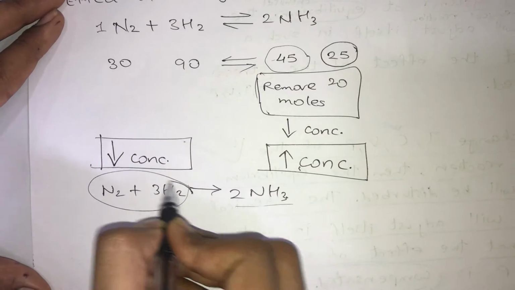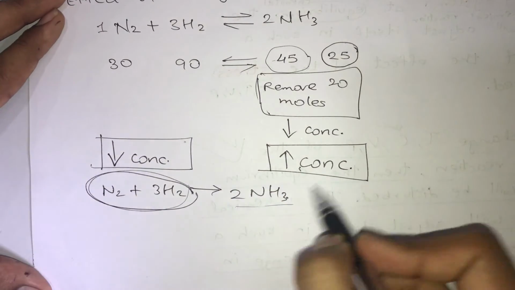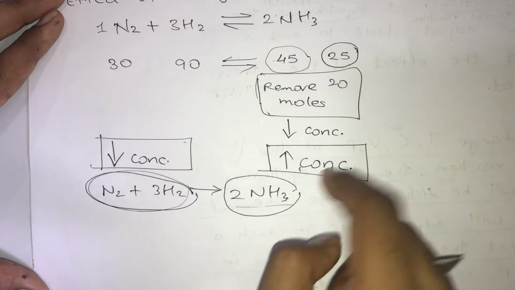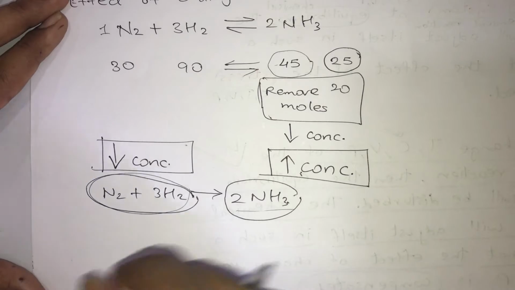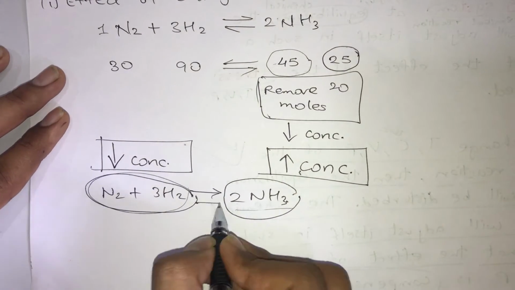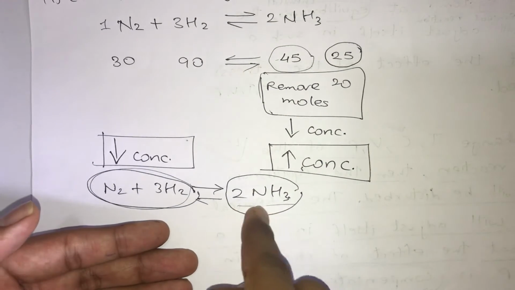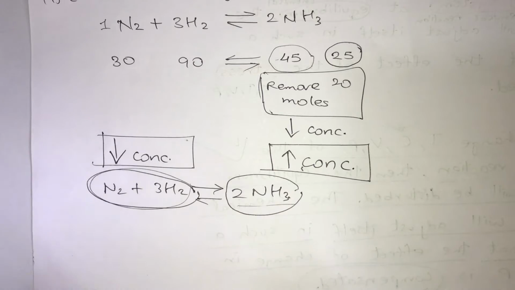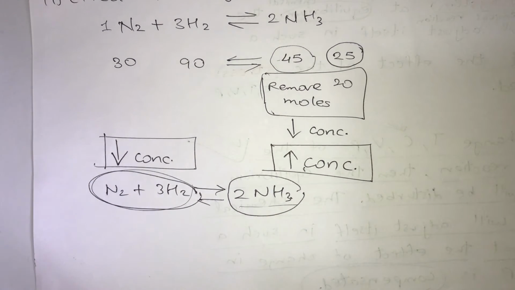Because your reactants are getting completely used and you are getting more amount of the desired product. After a certain interval of time there will be a chemical equilibrium established, when the moles of NH3 have increased and the reactants have decreased, and a new equilibrium state is achieved.